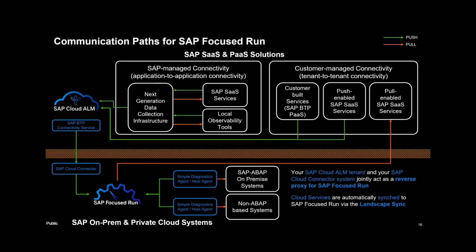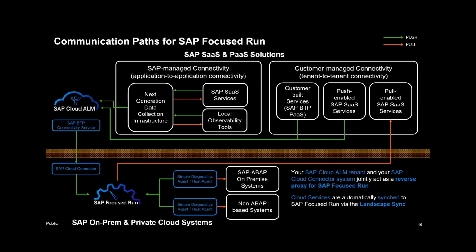Instead of forcing you to set up the connectivity in each push-enabled SAP SaaS service directly to your Focused Run, which would mean we would need a Cloud Connector everywhere, this way all you have to do is change the URL a little bit.